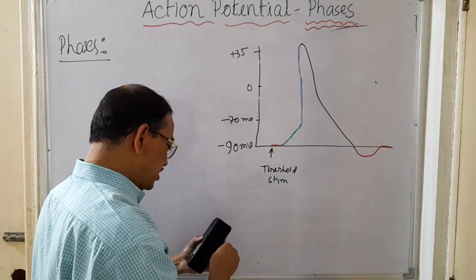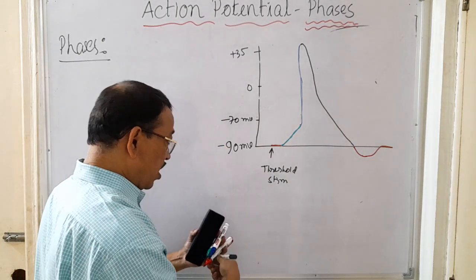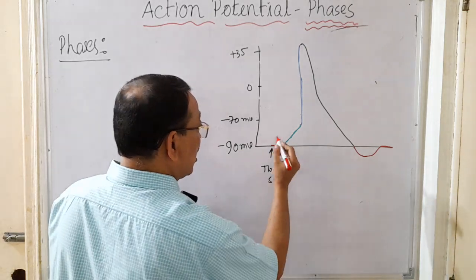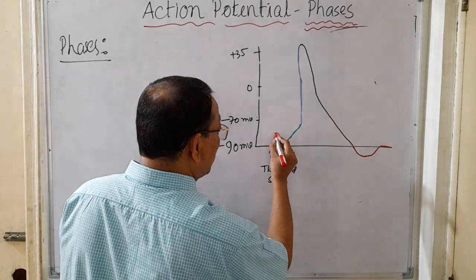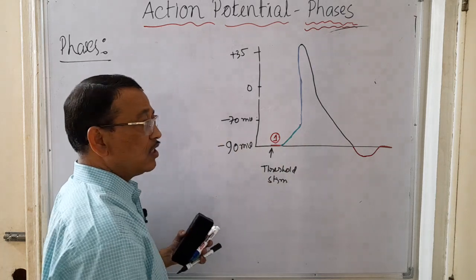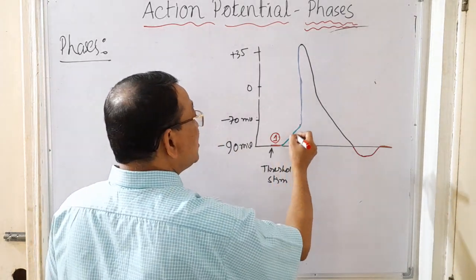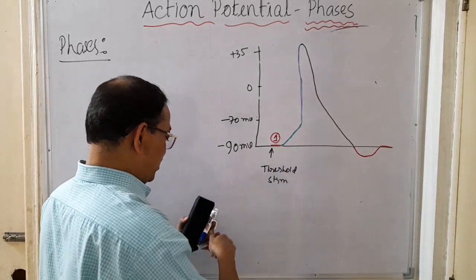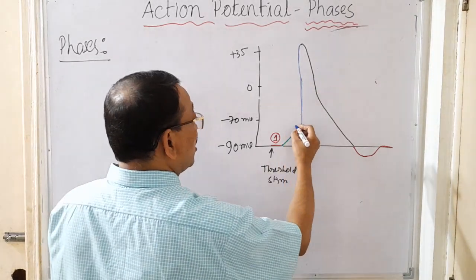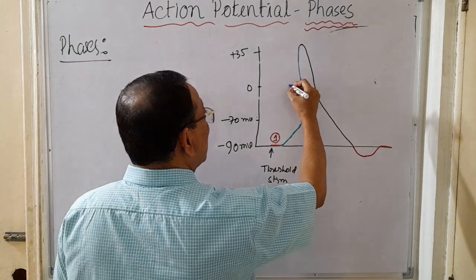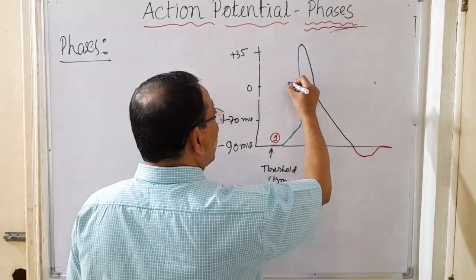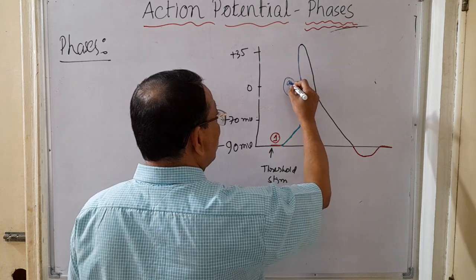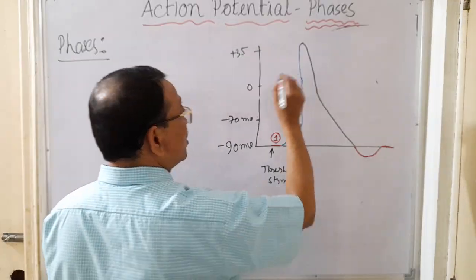So what are these stages? The first stage is known as the polarized stage of the membrane. The second phase, this green color and the blue color phase, are collectively known as the depolarization phases of the action potential.